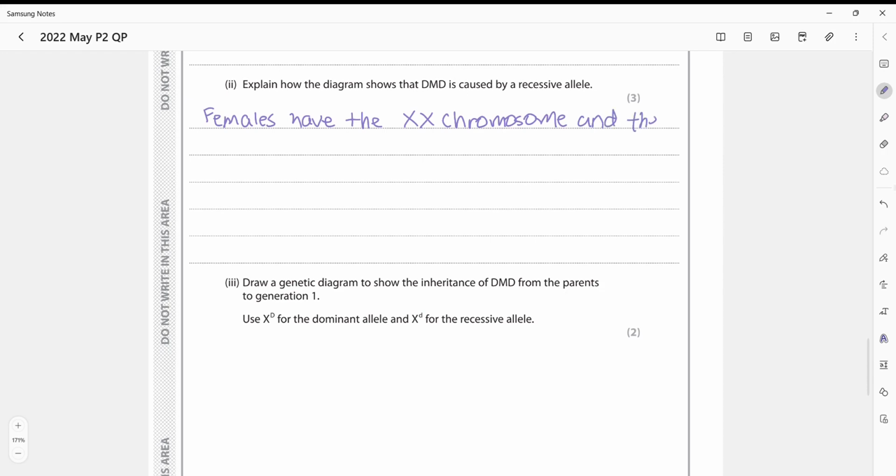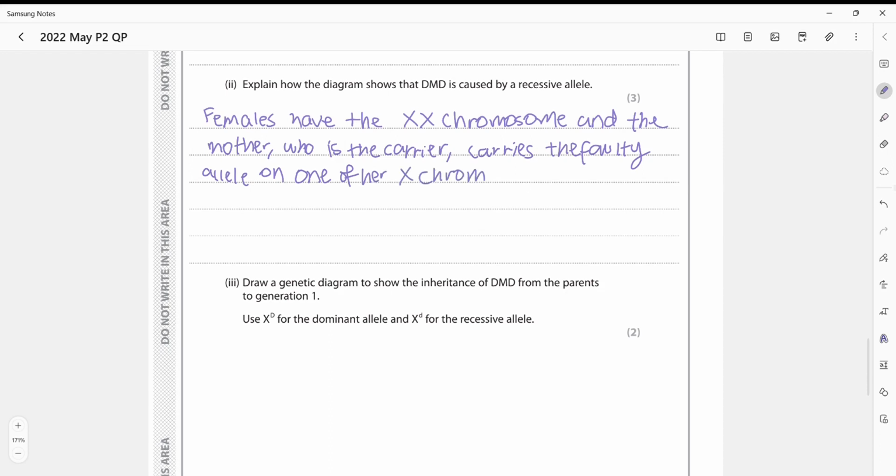And the mother, who is the carrier, carries the faulty allele on one of her X chromosomes.